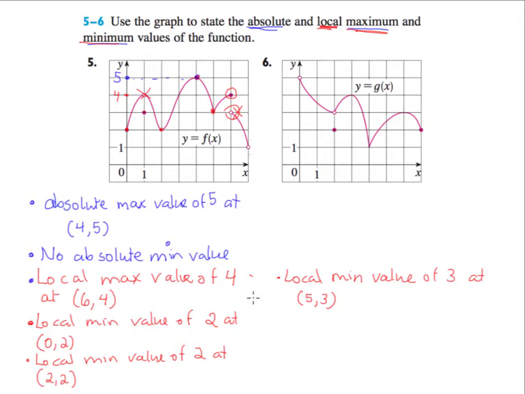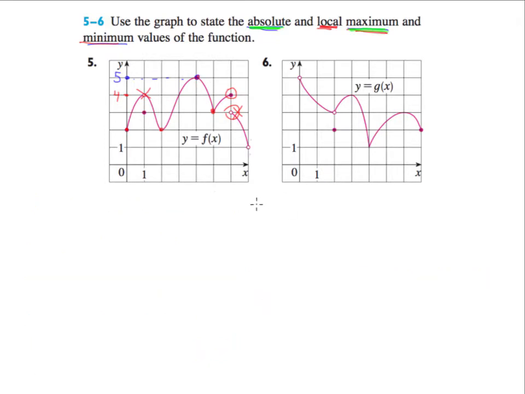And then our last minimum value here is not included because there are open circles, so that would be it. Now on example number 6, we again have no absolute maximum because that top point is not included in the domain, but we do have an absolute minimum value of 1 at the point 4, 1. Now let's look at some local maximum values.